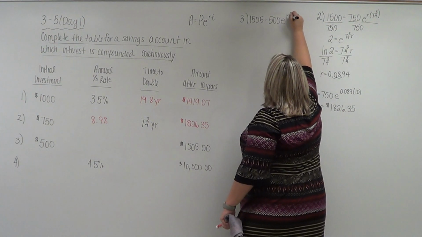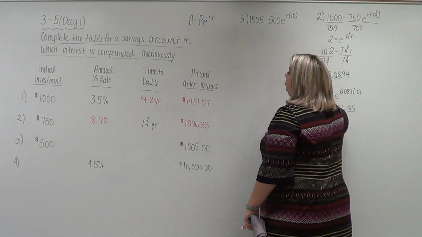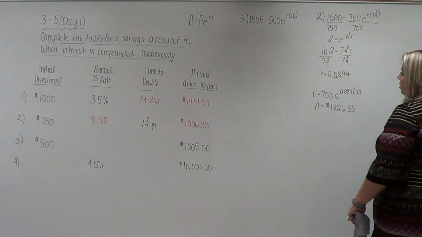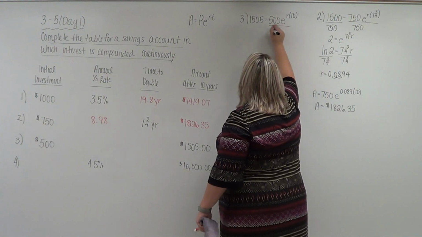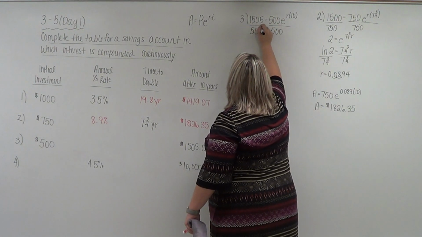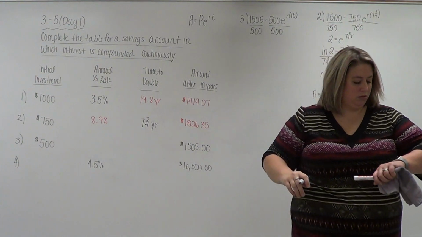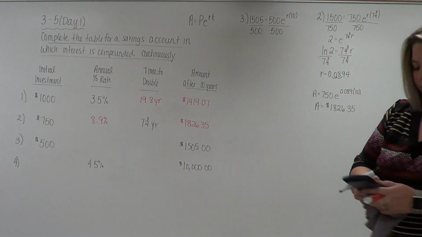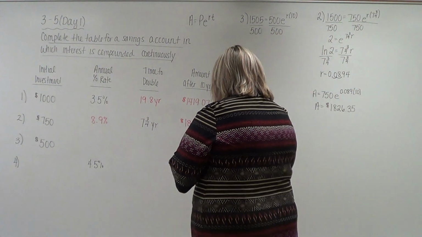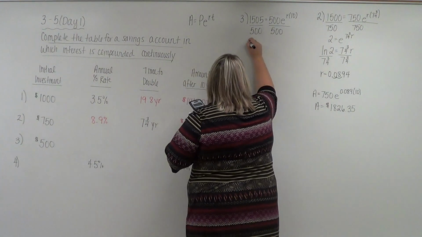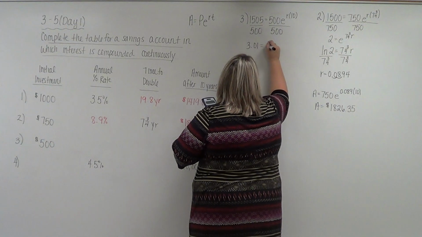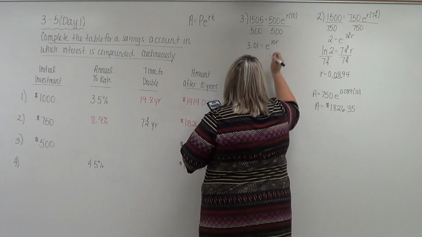We don't know the rate, but I know my time was 10 years, so I'm finding the rate first. To solve this, I would divide both sides by 500. So I have 3.01 equals e to the 10r.